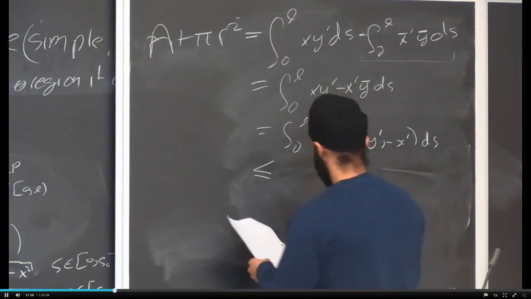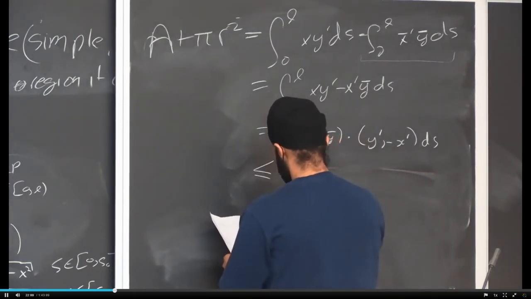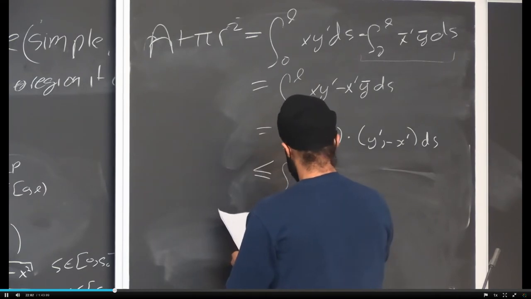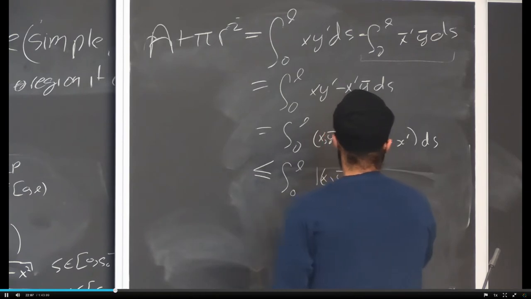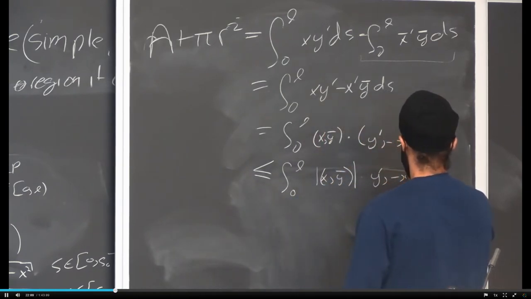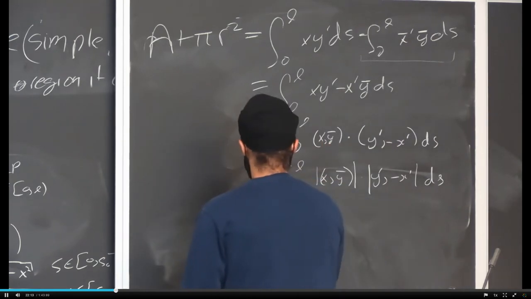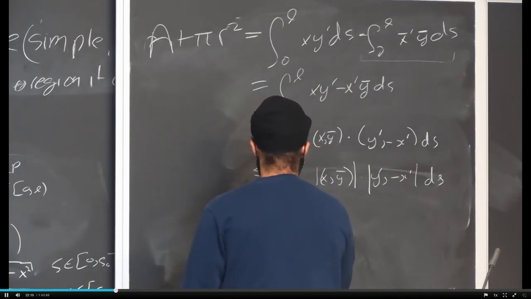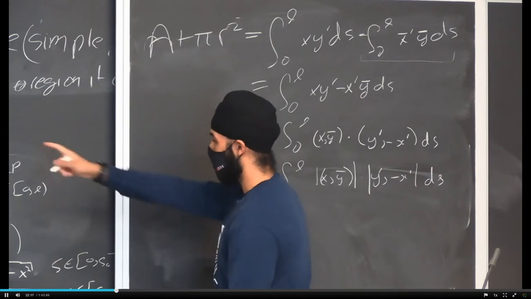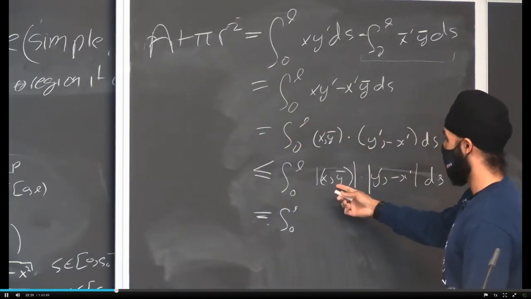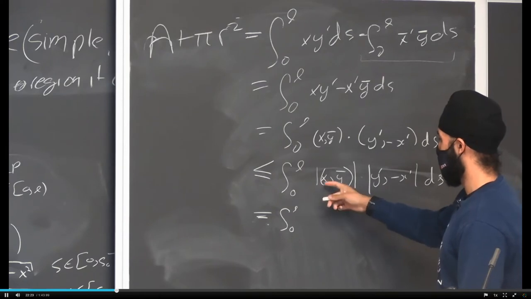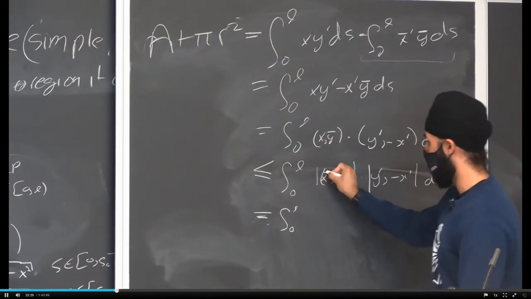So the next step, 0 to L. Okay, now this is the really nice part. This is why we chose a circle and a figure. This is the magnitude. x is also x bar.